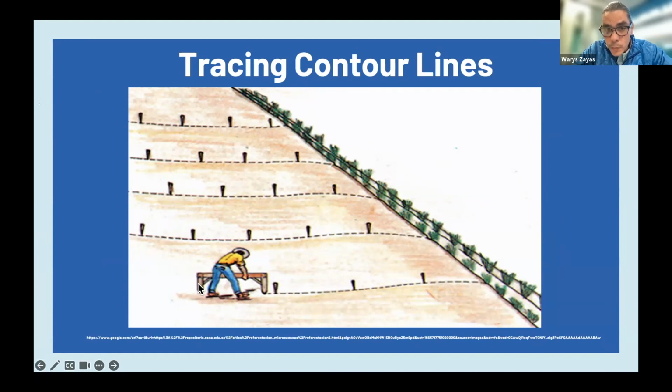You don't need to use the level to mark all the lines across the section that you are working on. You can do it, right?